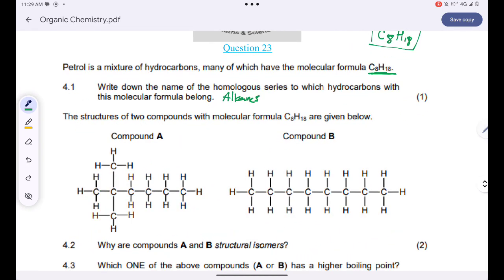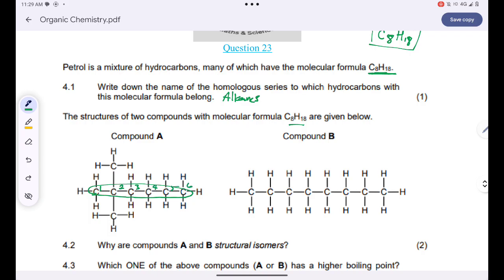The structures of two compounds with molecular formula C8H18 are given below. For compound A, we are given a branched structure. This will be the parent chain, carbon number 1, 2, 3, 4, 5, and 6.